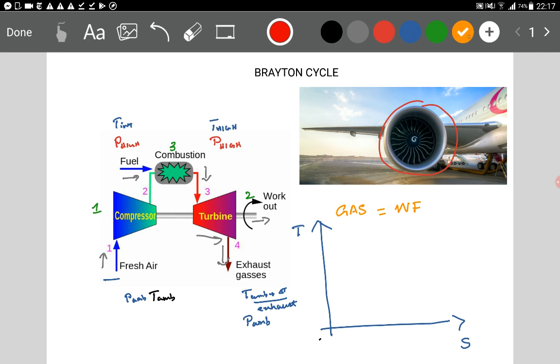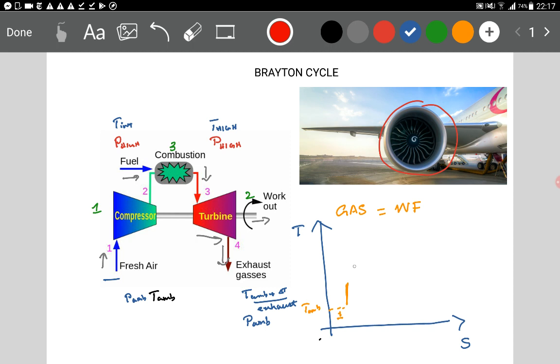Starting with the TS diagram, we see that the compression and the expansion are isentropic processes, because we're considering an ideal gas cycle. So we're going to make it a straight line, in which here is point 1, which is the fresh air at T ambient, and as you know, we have compressed it.